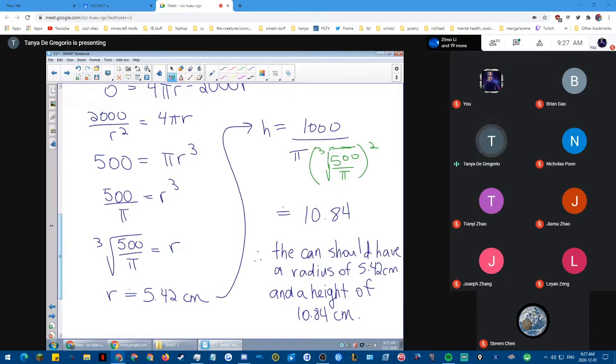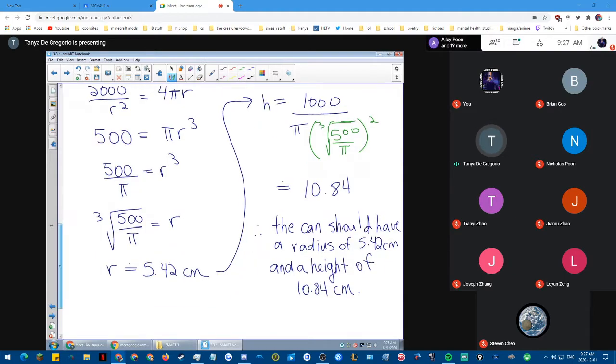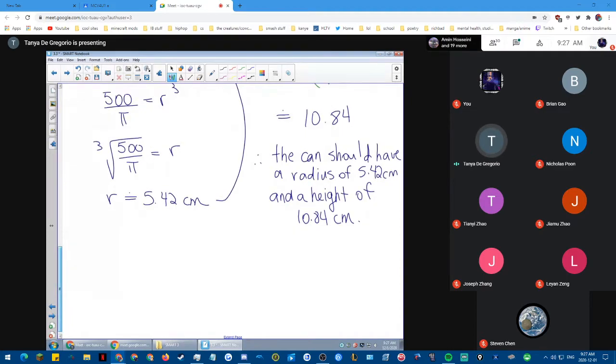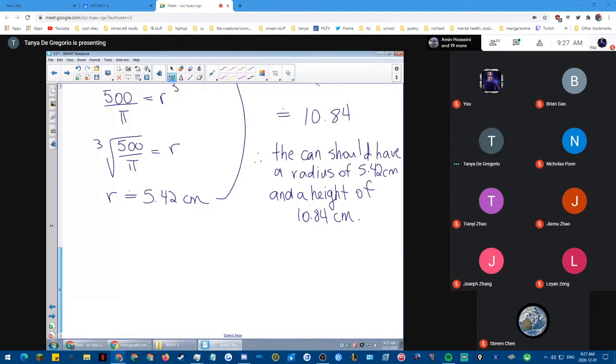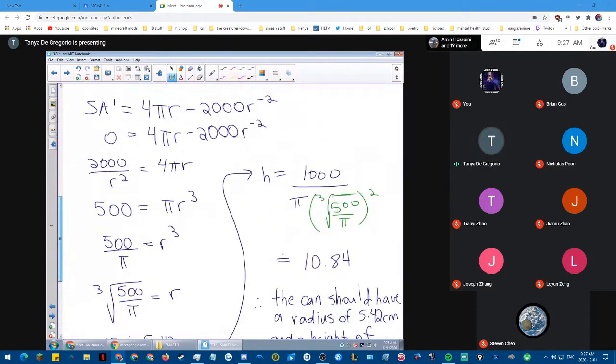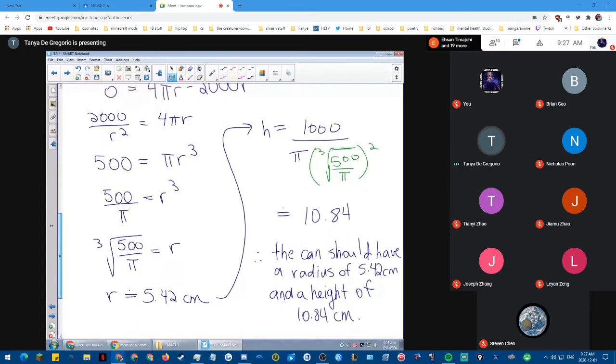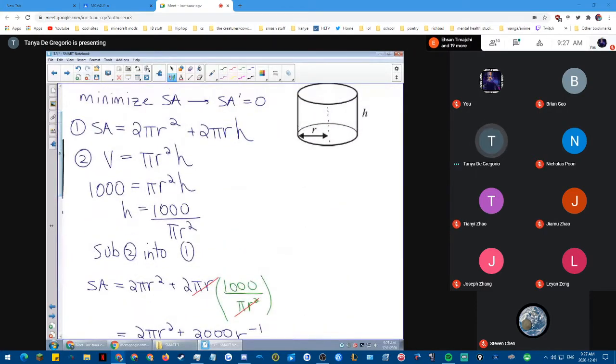Now, if you had to find the restrictions here, this is where it starts to get challenging. Obviously we know radius has to be greater than 0, so that's not a big deal. But when we're looking at our second equation here for volume, you have to set your H equal to 0 and solve it.